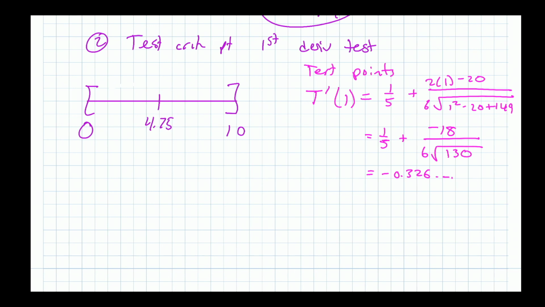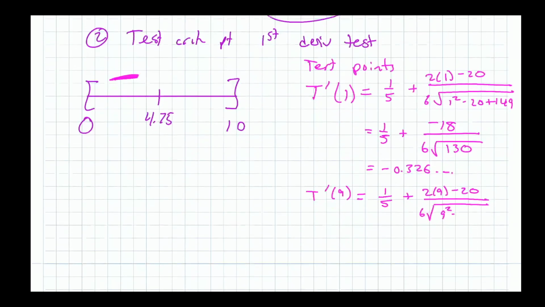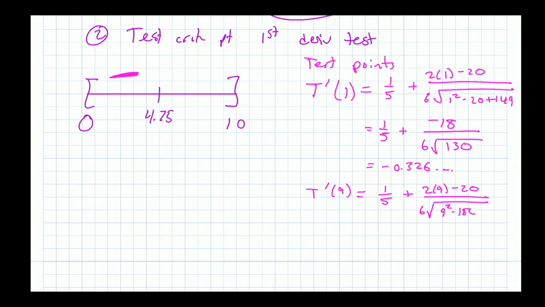So that's on this side, negative. You need a point on the other side of 4.75. So maybe like 9 or something. So 1/5 plus 2 times 9 minus 20 over 6 square root 9 squared minus 20 times 9 plus 149.